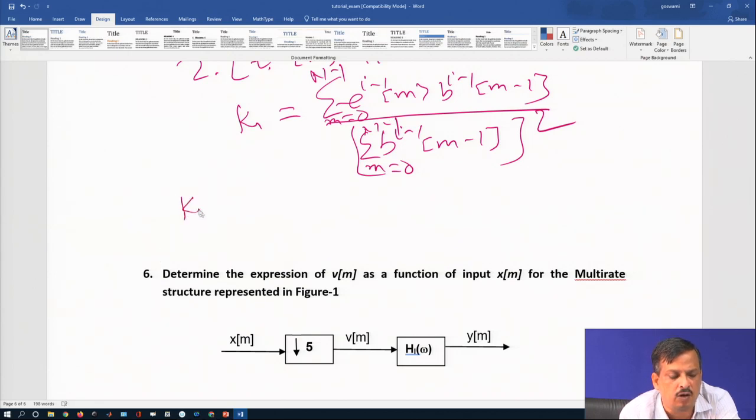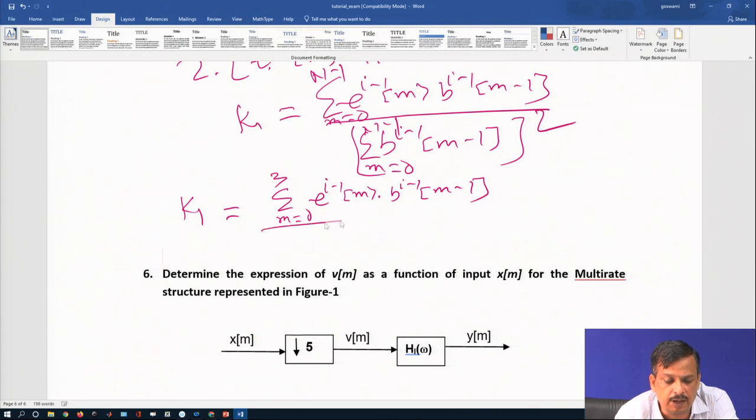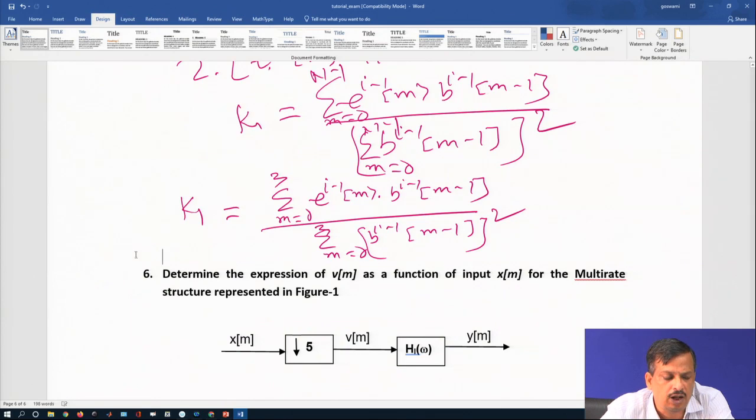So, I can say k1 is equal to the summation over m equal to 0 to 3 of e_{i-1}(m) multiplied by b_{i-1}(m-1), divided by the summation over m equal to 0 to 3 of b_{i-1}(m-1) whole squared. Okay.